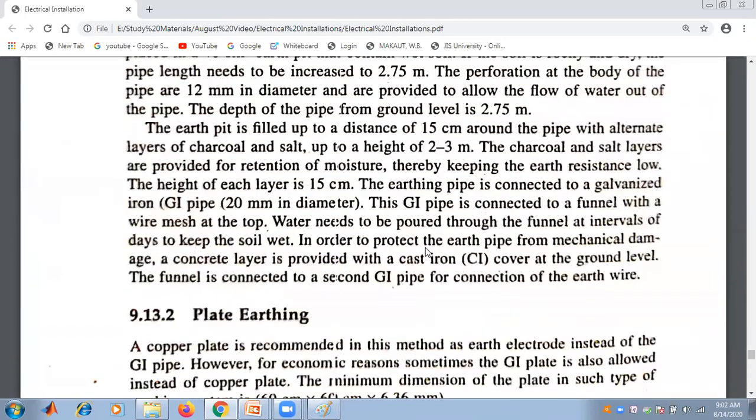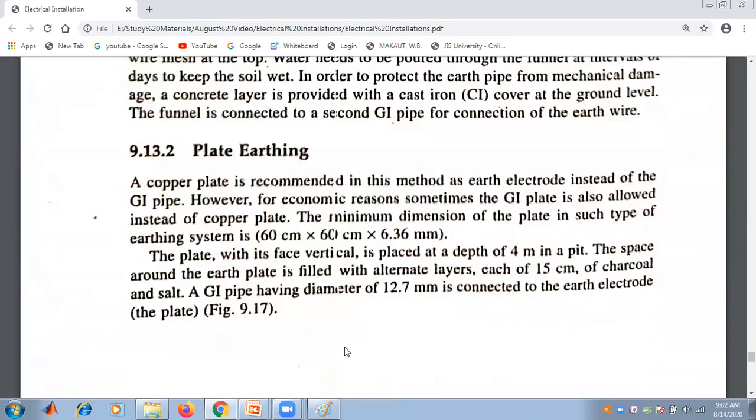Another part of our discussion is plate earthing. A copper plate is recommended in this method as the earth electrode, instead of the GI pipe that we have seen in our previous discussion.